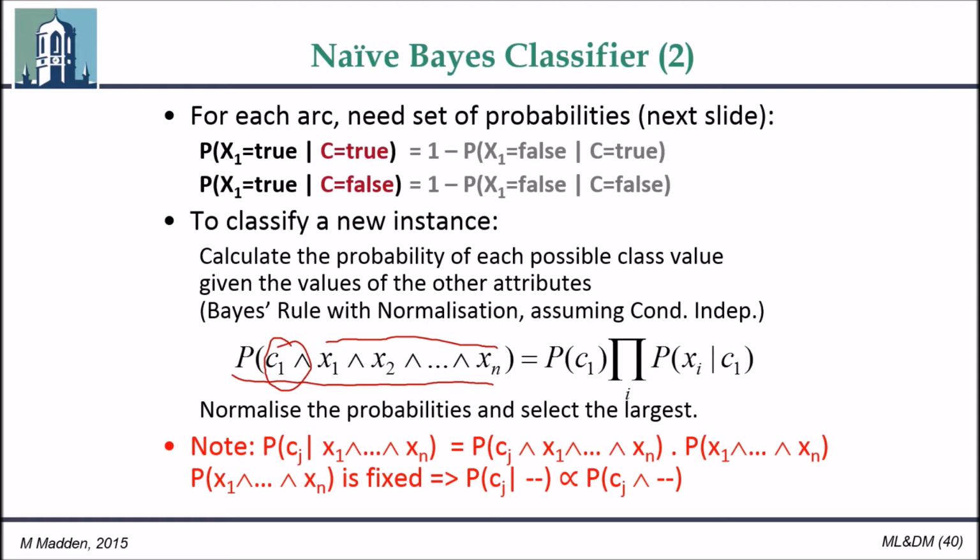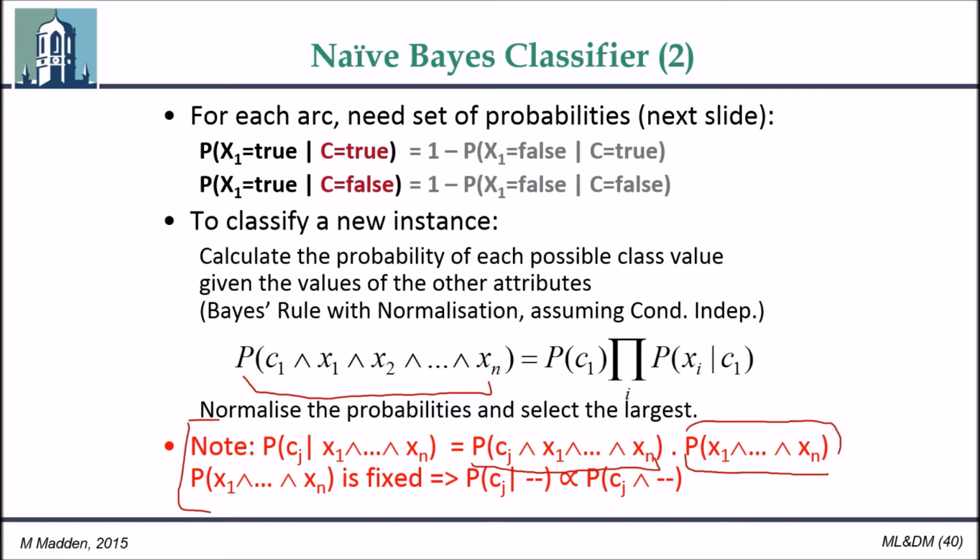Now, you might be surprised to see that we're writing all of these probabilities in terms of a whole set of conjunctions here, but that's equivalent to, and that's what the note down at the bottom is, the probability of a class given x1 and x2 and x3 all the way up to n is equal to the probability of all those in conjunction multiplied by the probability of just x1, x2, x3 all the way up to xn. And before we do our normalization, this has got a fixed value because we've got the fixed set of observations that we're trying to determine the class from.